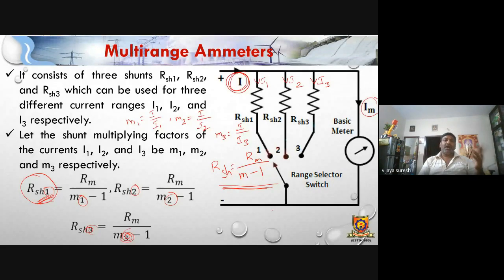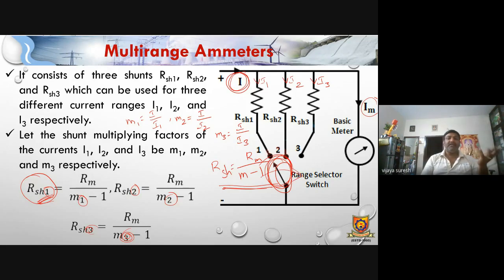RSH1, RSH2 and RSH3 we have obtained: Rm divided by M1 minus 1, then M2 minus 1, M3 minus 1, like that. Rm remains constant because it is the meter's internal resistance value. M1, M2, M3 are the three multiplication factors of the shunts. So there will be a range selector switch, and this switch will connect to either position.